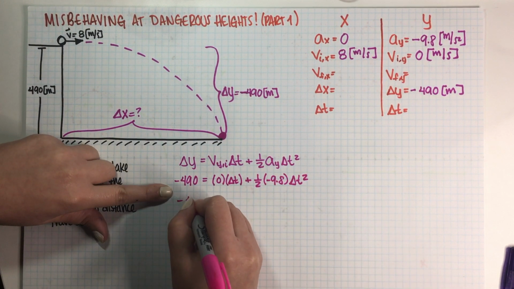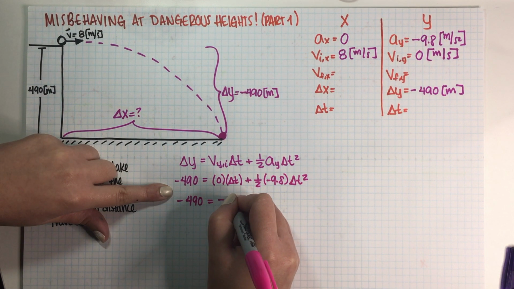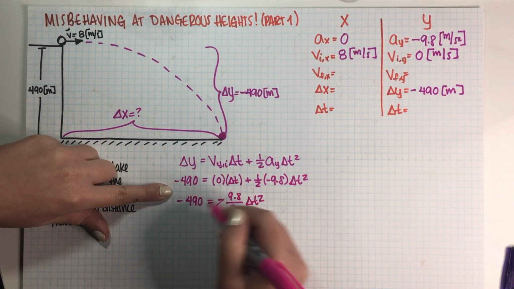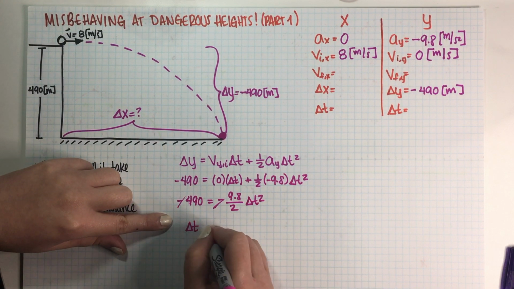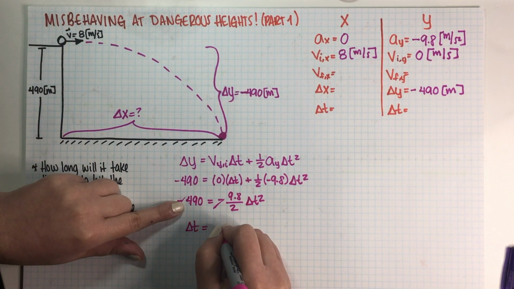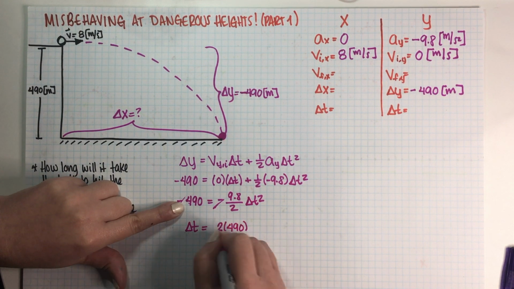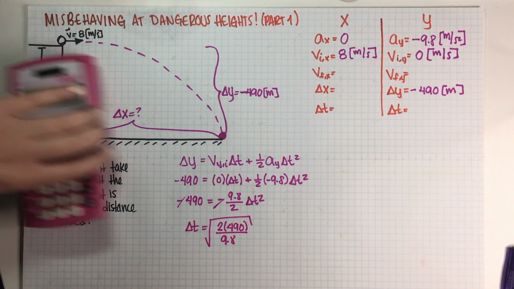So negative 490 is equal to negative 9.8 divided by 2 times delta t squared. My negatives cancel out. So if I solve, delta t is equal to the square root of 2 times 490 divided by 9.8. Let's just go ahead and put this on a calculator.